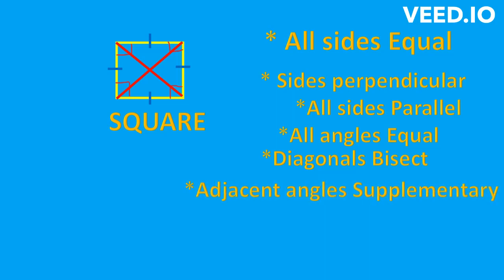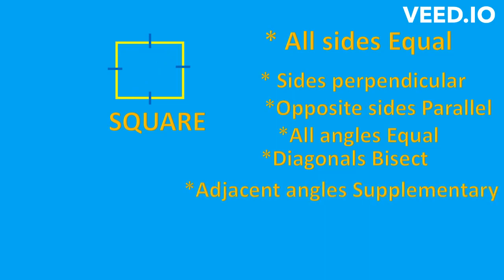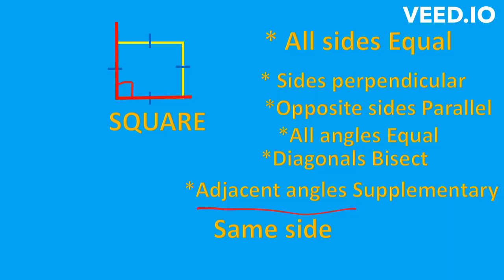The adjacent angles are supplementary. Adjacent angles are the angles which share a same side. See, for example, we have an angle here. What are the two sides to this angle? These two sides make up this angle, right? Let's take one more angle here.